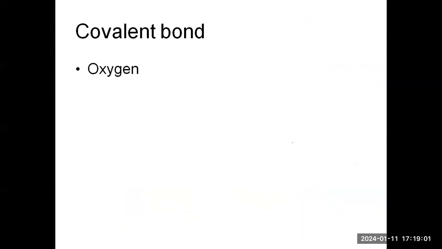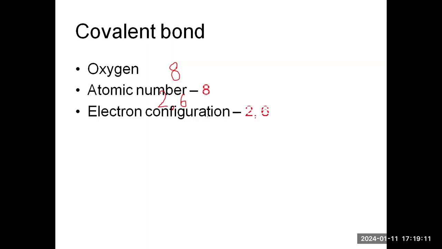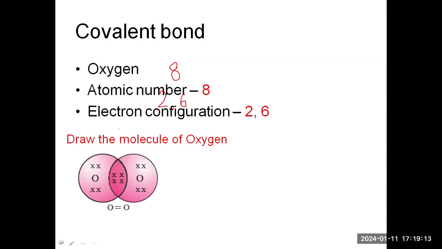Now the next one is oxygen. The atomic number of oxygen is 8, so it has the configuration of 2 and 6. Here you can see the atom of oxygen having 6 electrons, 1, 2, 3, 4, 5, and 6. The outermost shell has 6 electrons, so it shares two pairs of electrons between them.